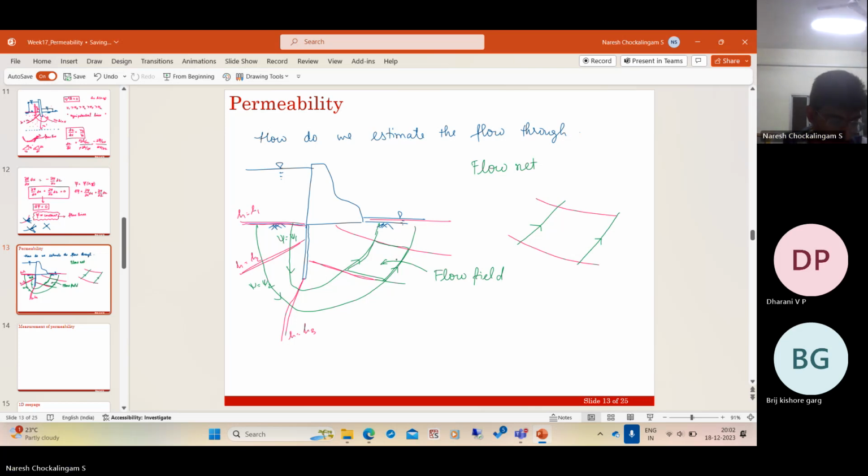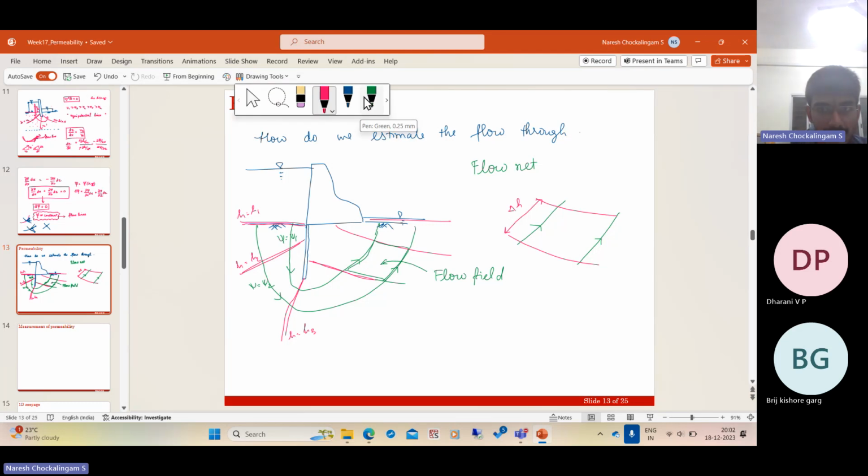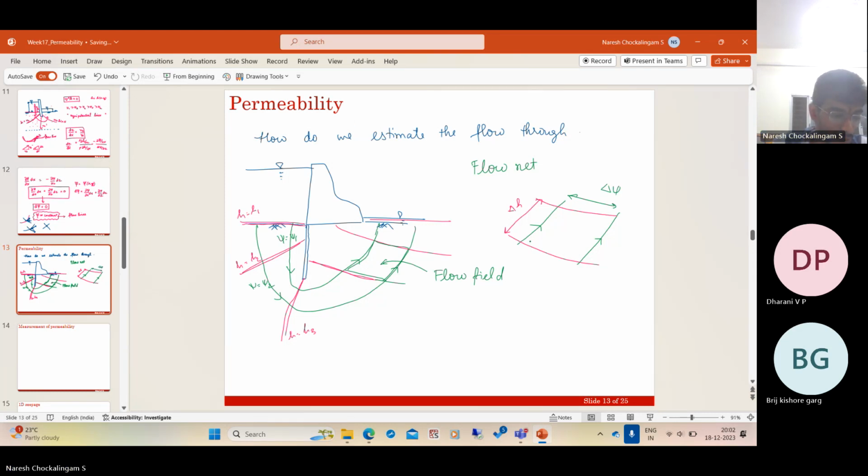So suppose the change in the potential is delta H. And the change in psi is delta psi. So this difference is delta psi. This is psi equal to psi1, this is psi equal to psi2.